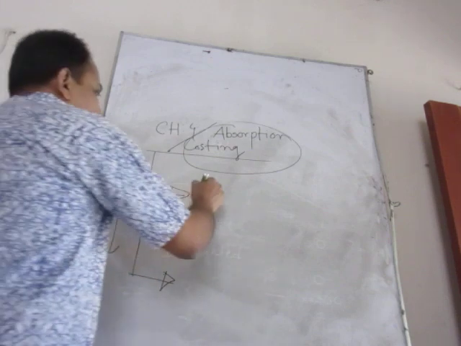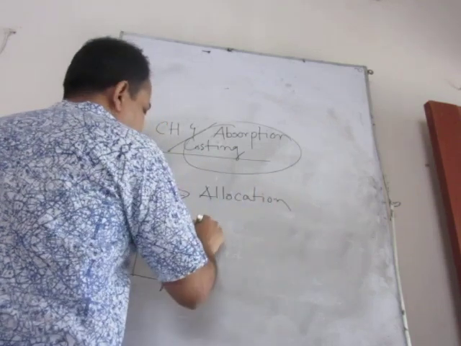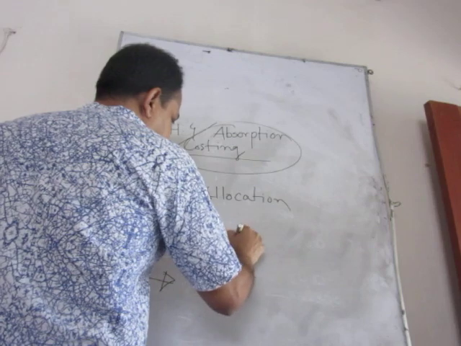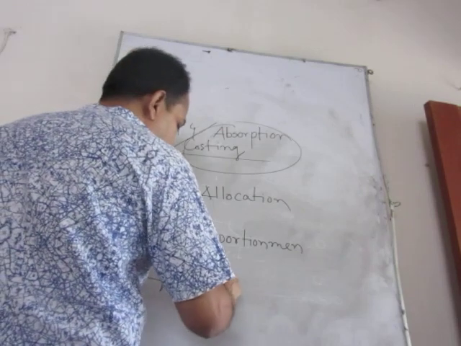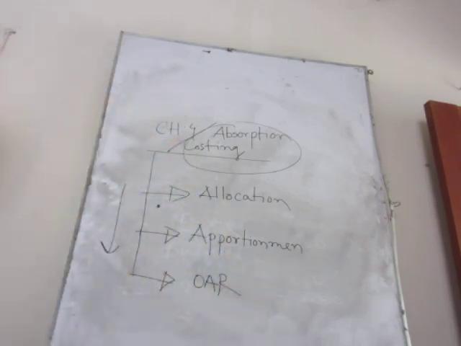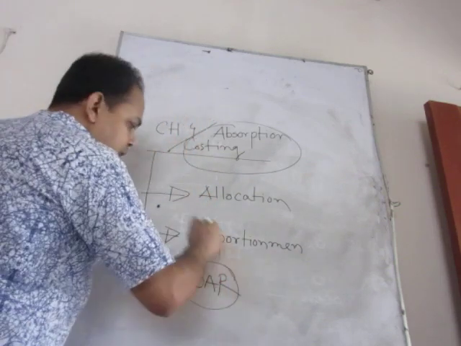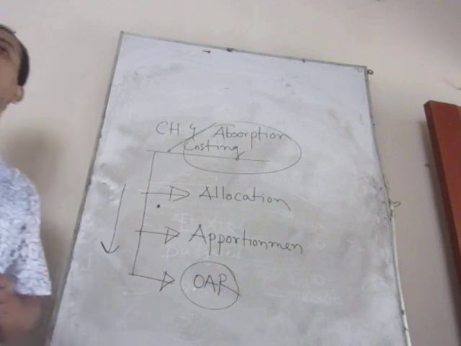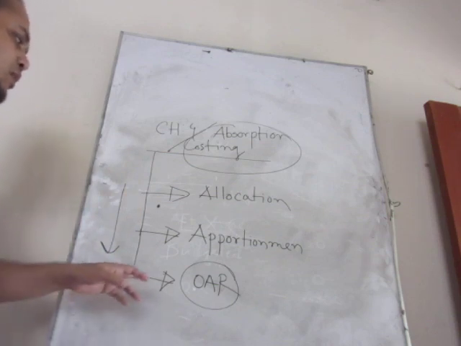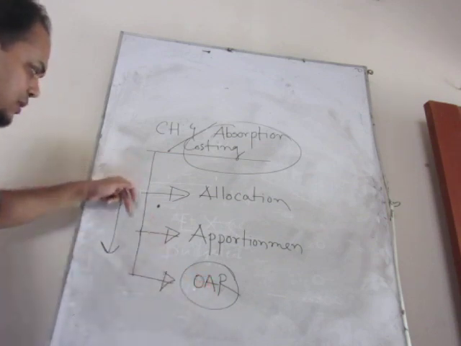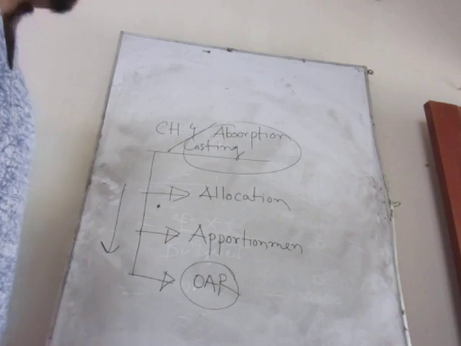And these three stages are allocation, apportionment, and last of all, OAR, or calculating the overhead absorption rate. To calculate the OAR, the overhead absorption rate for each individual product or cost unit, we have to go through these three sequential ladders. Clear? Now, number one, allocation.